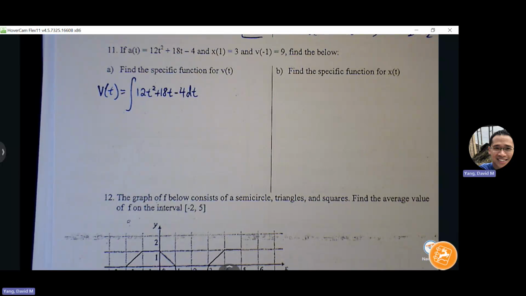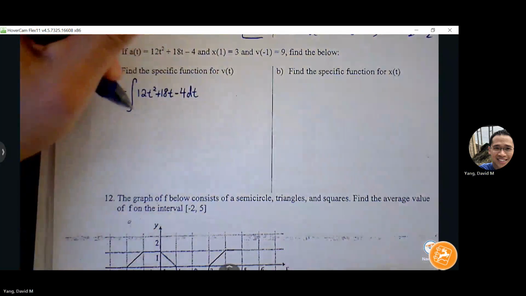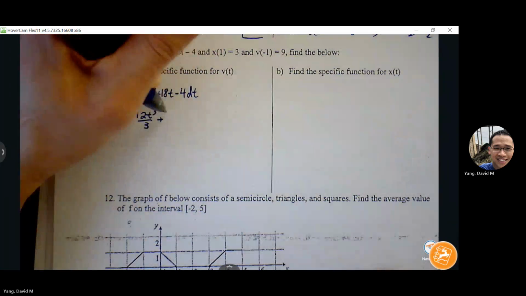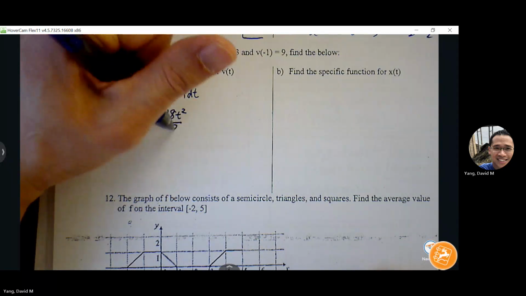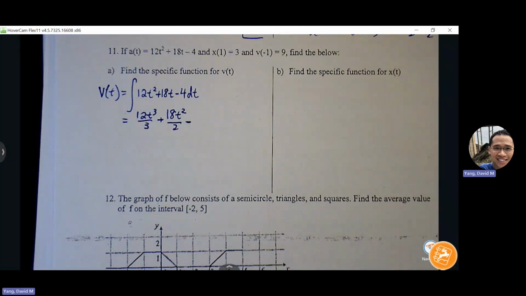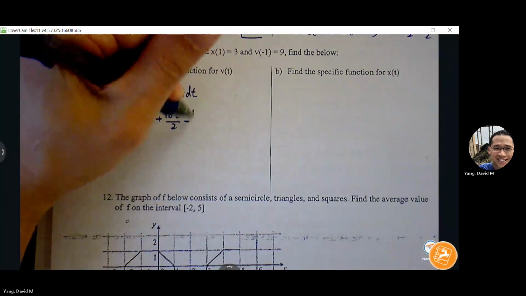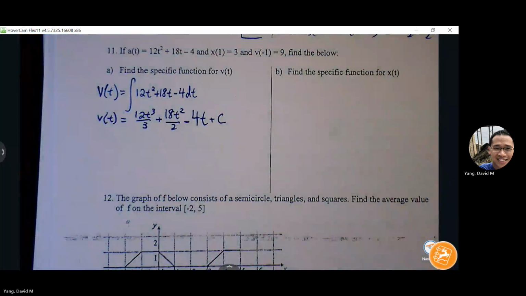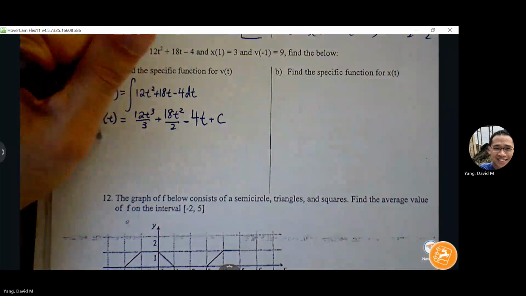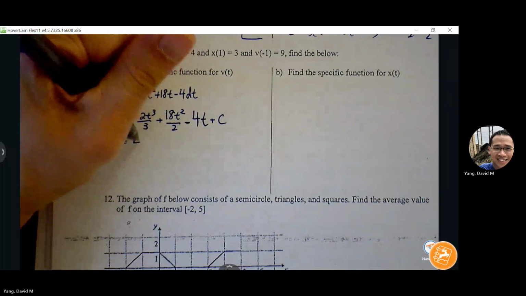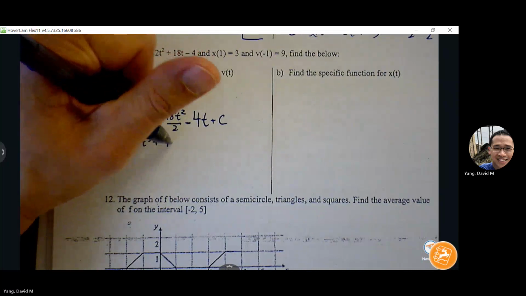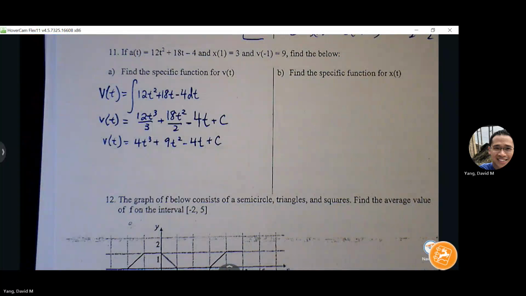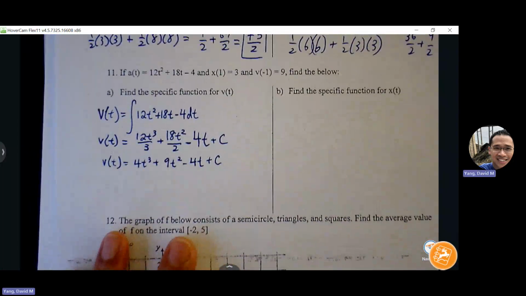Okay, everything is nicely set up for the power rule. Four becomes what? Plus C. Okay, how can I solve for C?